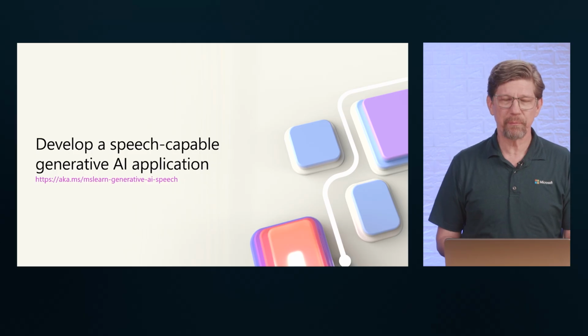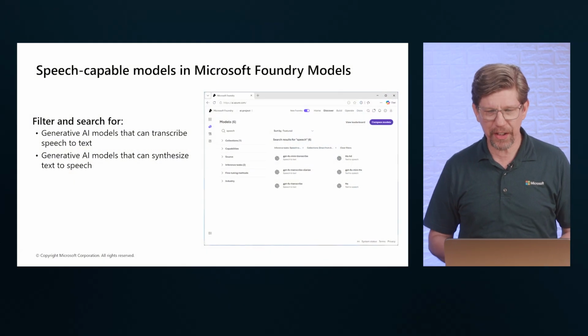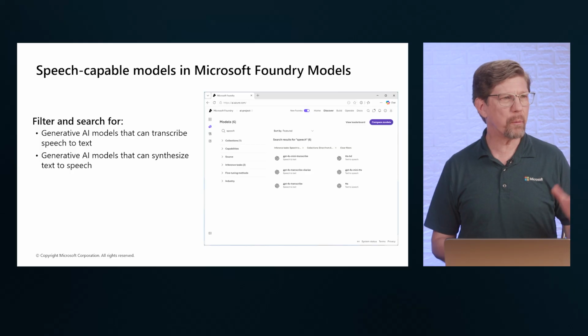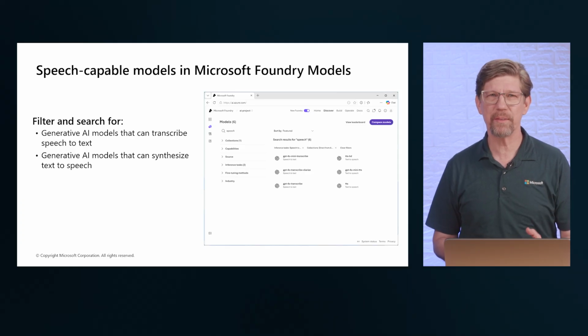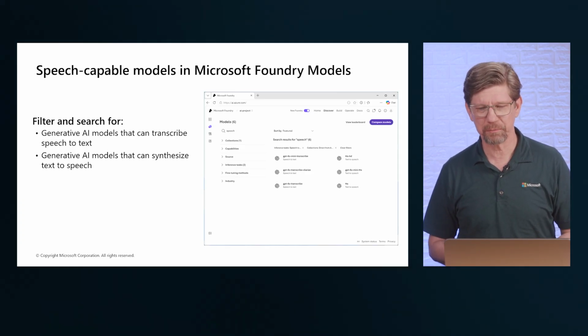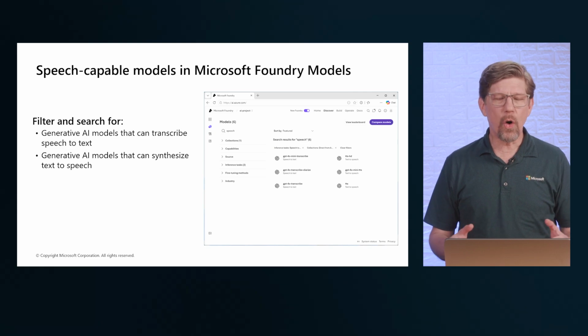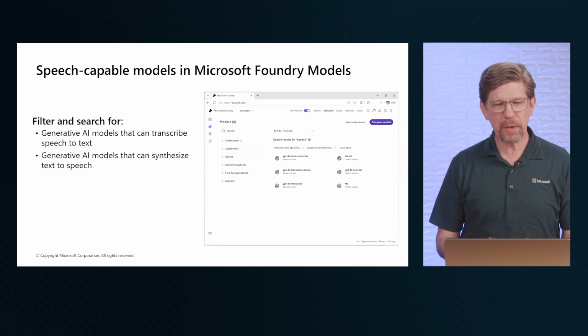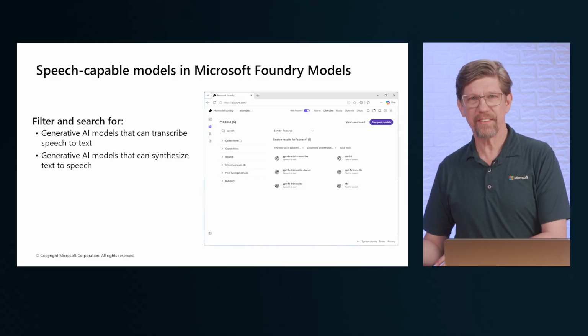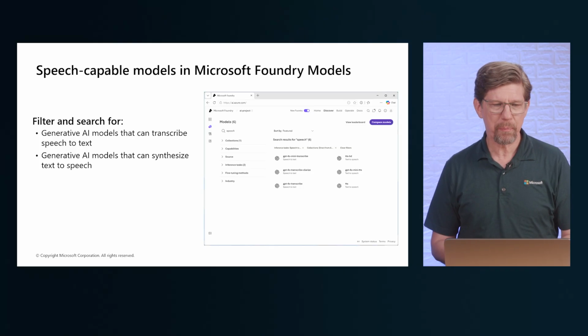Inside of Foundry, we have a huge collection of models. I think at one point in time we showed a slide that had something along the lines of 11,000 models at our disposal. It is only the tiniest fraction of those that could actually be used for speech-capable services.